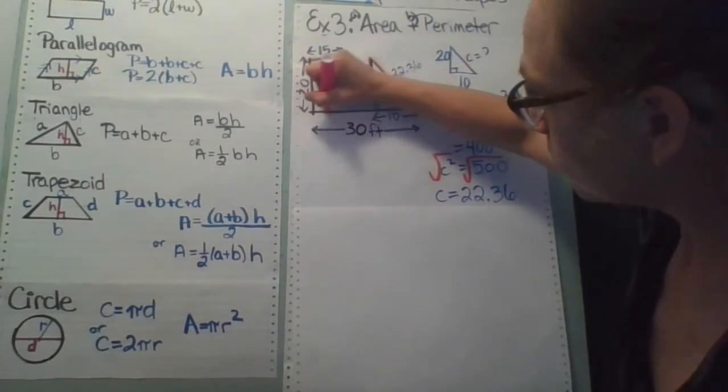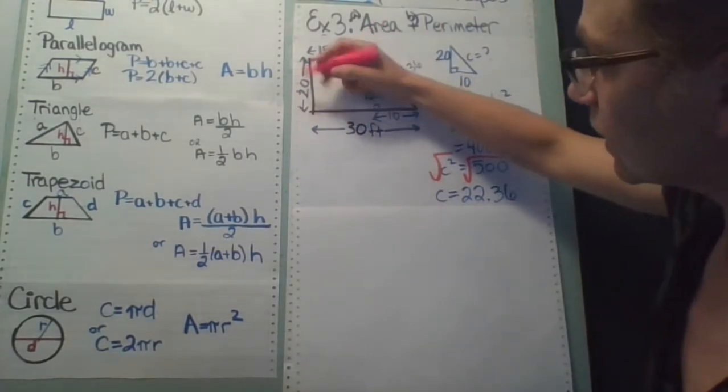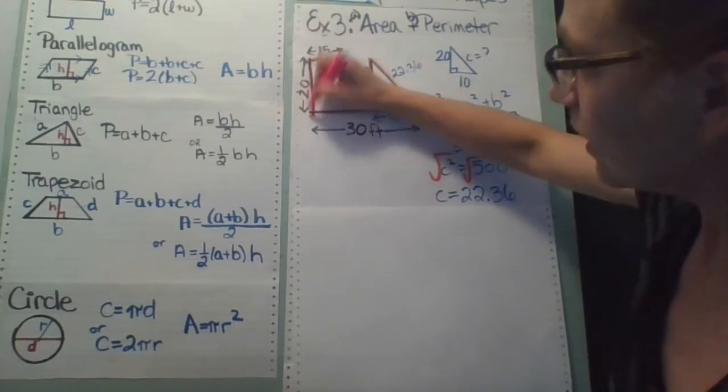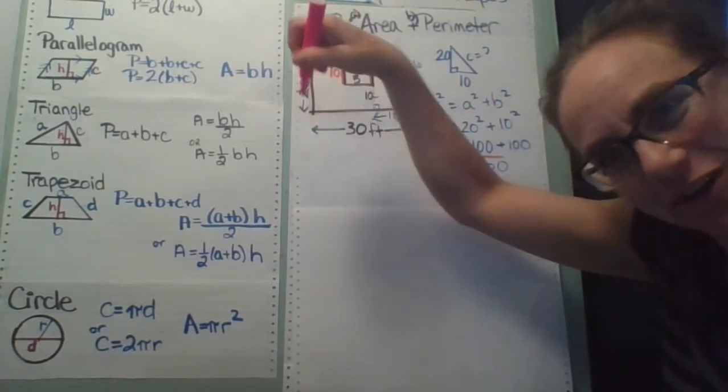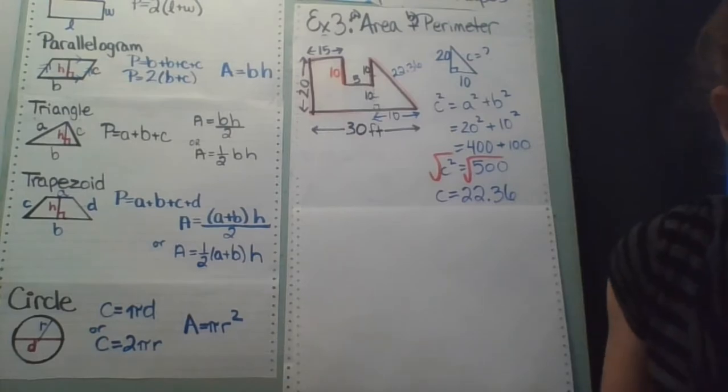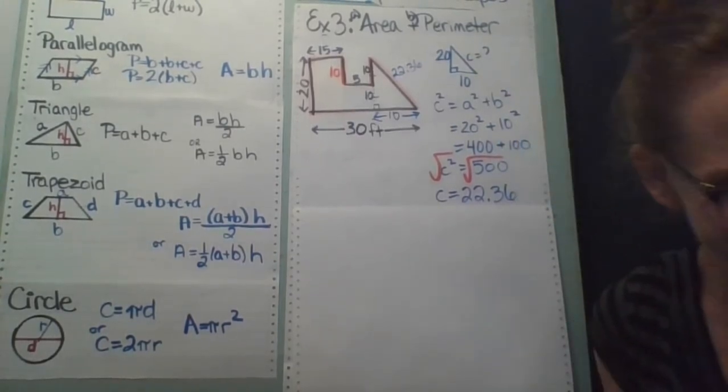Let's continue our little path round. This total bottom down here we know is 30. Come back up my side is 20. Oh, we're back where we started. So we just figured out our path round. Now we just have to add it all up. Nice. Let's do this.